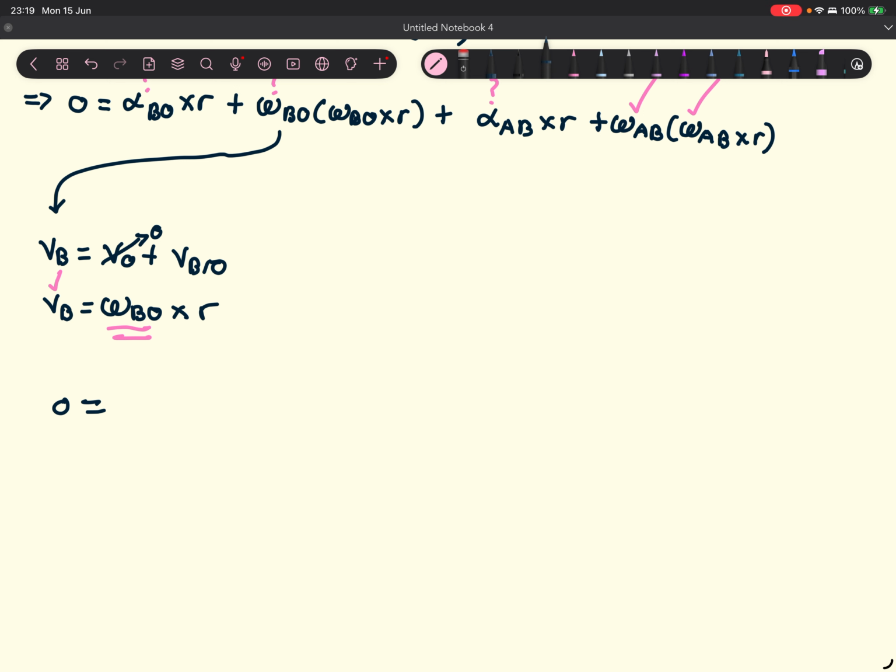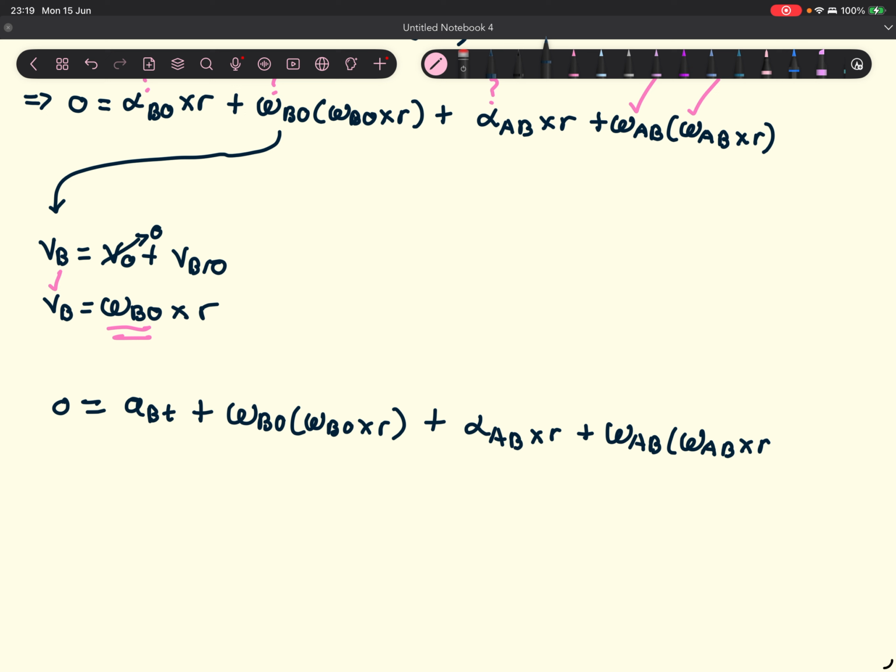They don't want us to solve for alpha, so I'm just going to write it as a B tangential plus omega BO into omega BO crossed with r plus alpha AB crossed with r plus omega AB into omega AB crossed with r, right? So we have that, we're looking for that, we have that, we're looking for that, right?